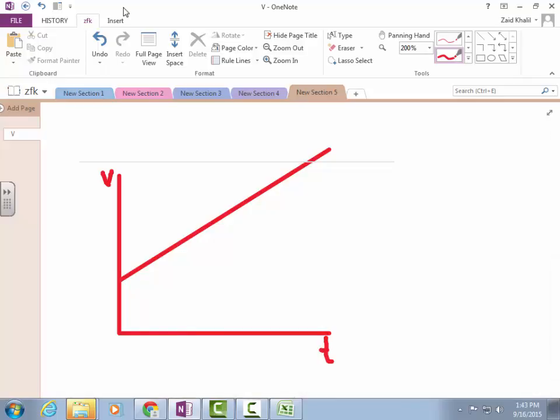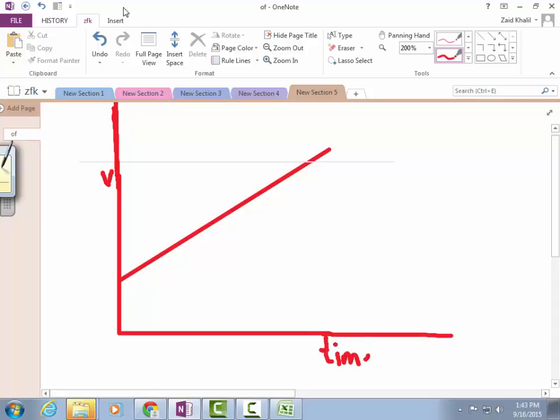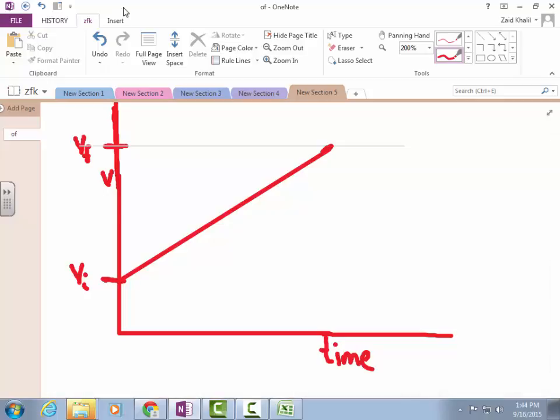And so what can I say? Let me actually extend these axes. So if this is VF and this is VI, then there's going to be some point where this thing has an average velocity.